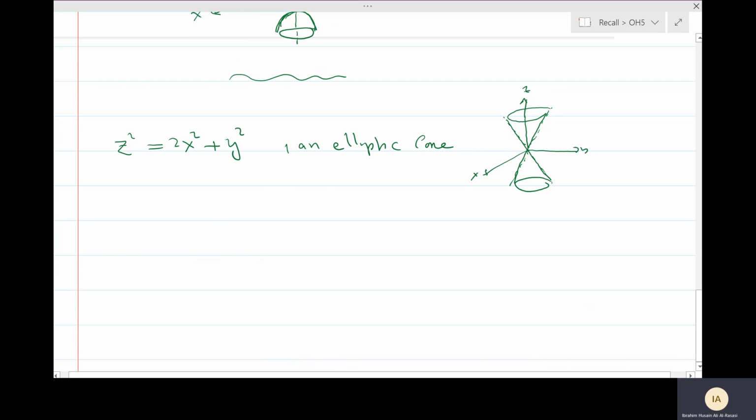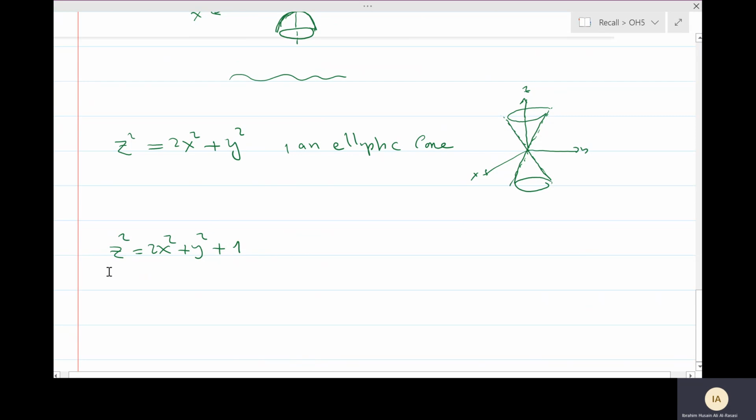What about the following? z squared equals 2x squared plus y squared plus 1, for example. Now you cannot just say shift the cone 1 unit up, because here it is z squared and not z. If it were z, you could shift, but with z squared it is not true.